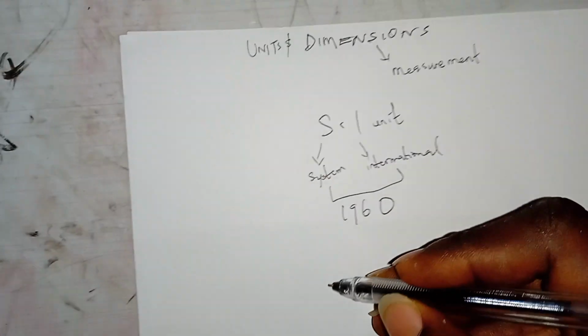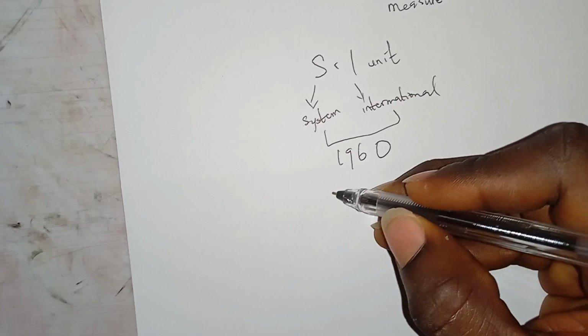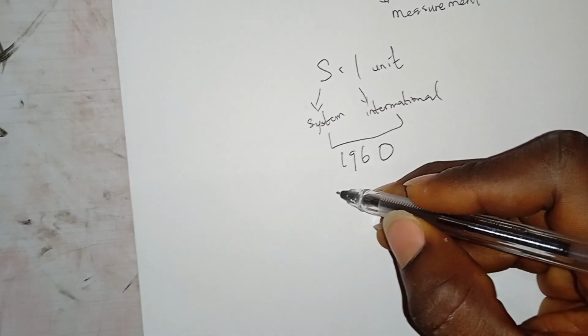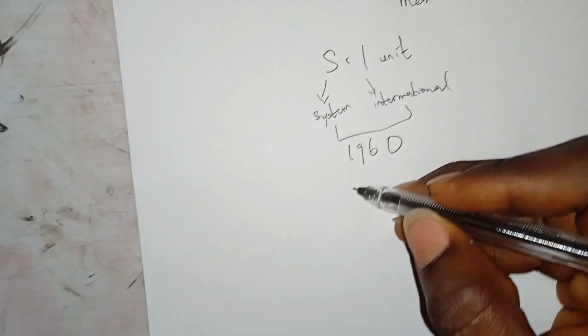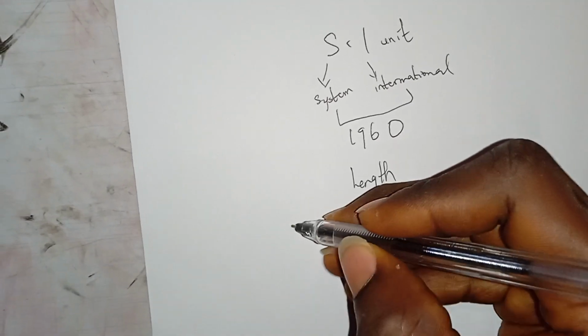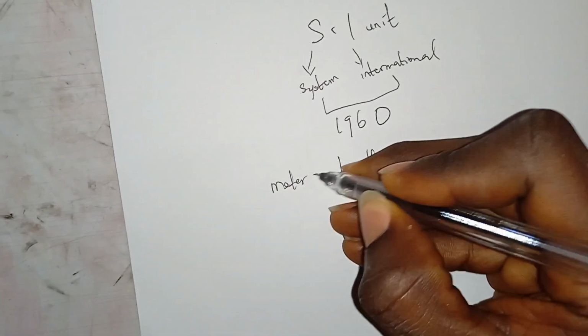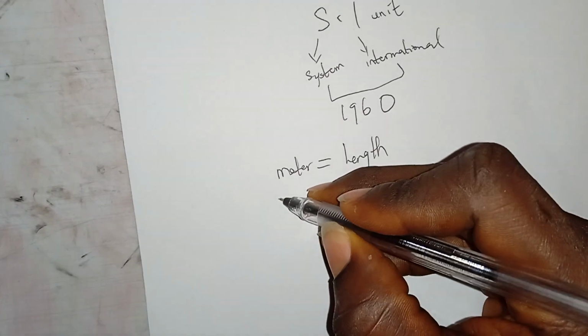It was recommended that the metric system called System International Units be used. It is based on the fact that three major fundamental quantities be used, which is that length, the meter should be used as the unit for length.